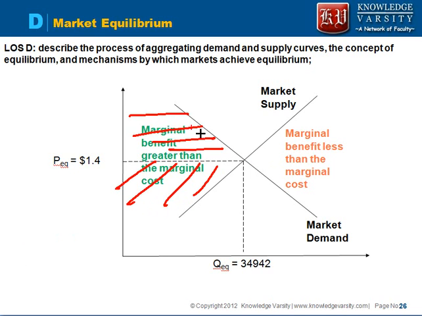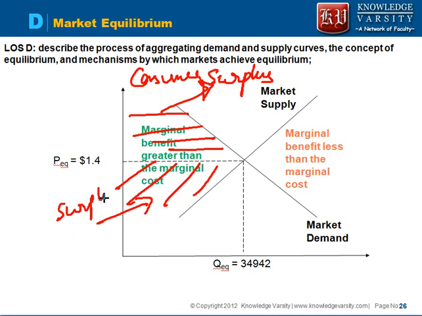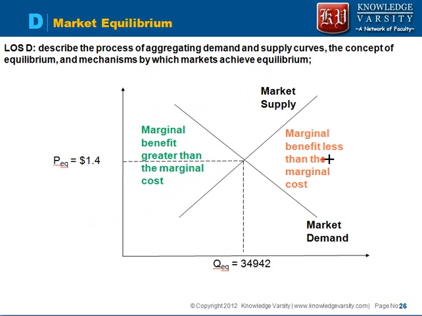In the other LOS we'll call this the surplus to the consumer, and we will call this the surplus to the supplier. This is the supplier surplus, and here the benefits are less, so here both of those are coming as a loss. Let's see how the loss happens to the customer.